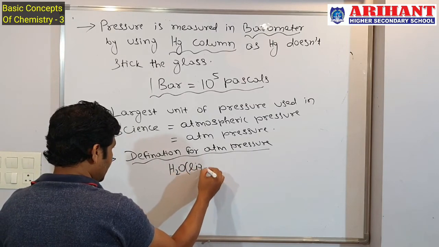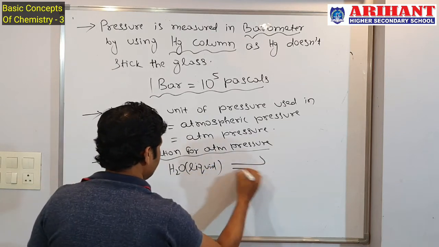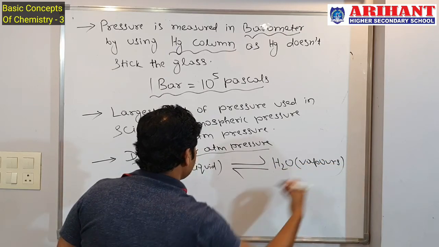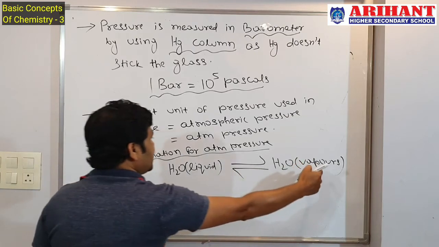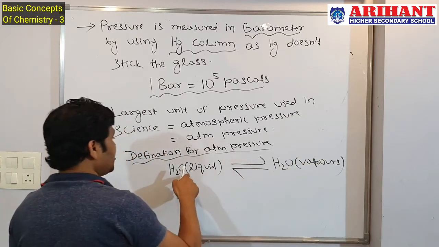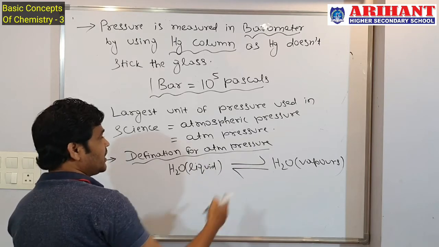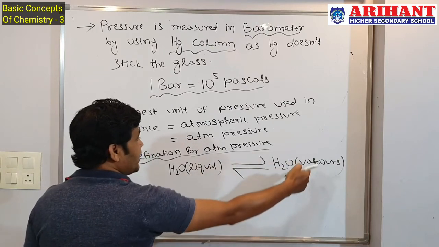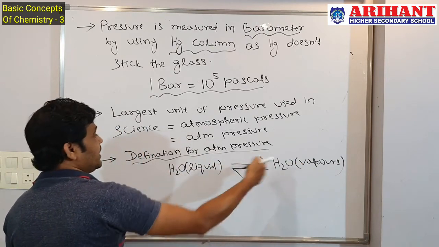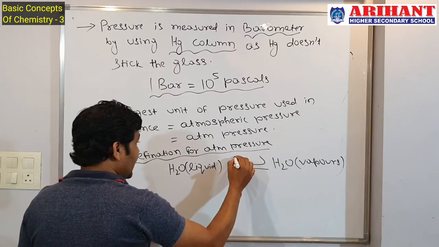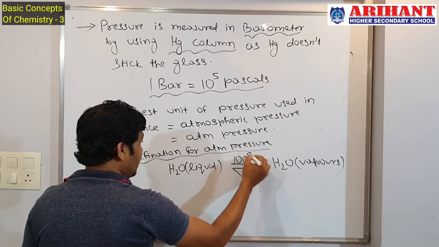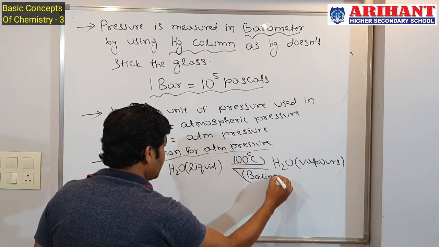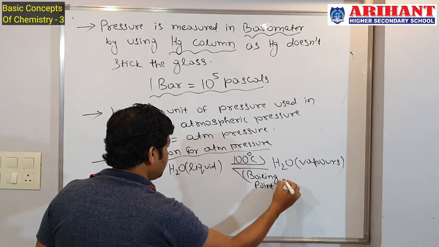Water liquid changes to water vapors, means liquid is converted into vapors, and vapor is converted into liquid at equal rate, and this is called the equilibrium condition. That is, the forward reaction and the backward reaction take place at equal rate, and it happens at 100 degrees Celsius, called the boiling point of water.